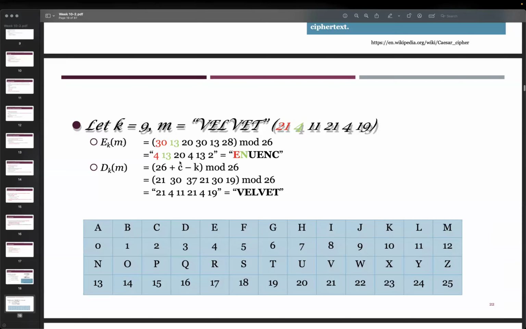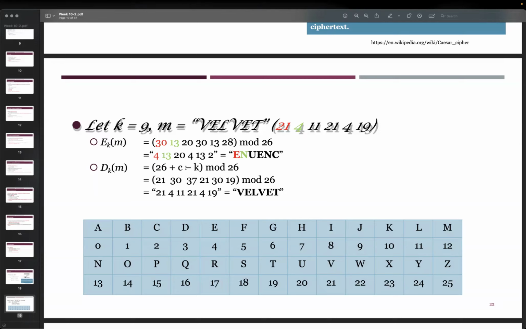And for the decipher, if we have the value E, we work based on the value. So let's say we have 21, and we subtract the K, which would be 9.